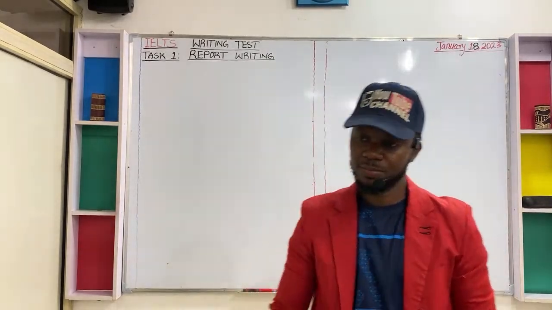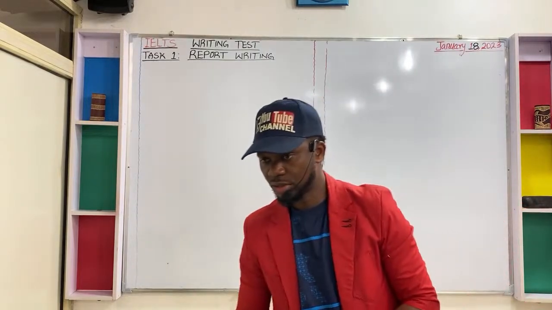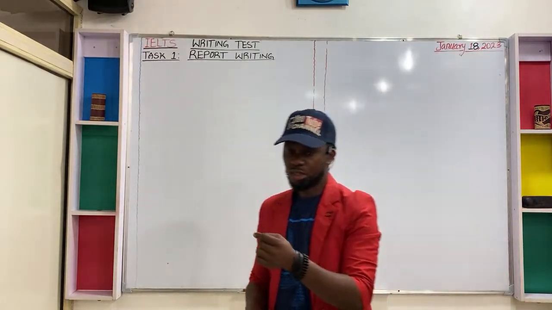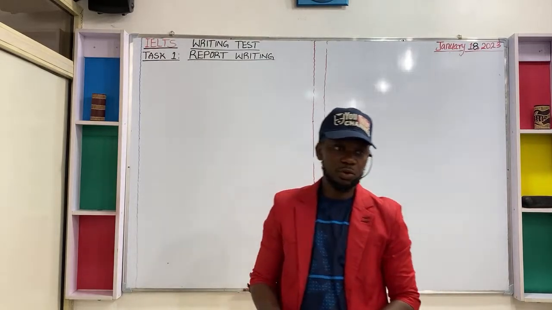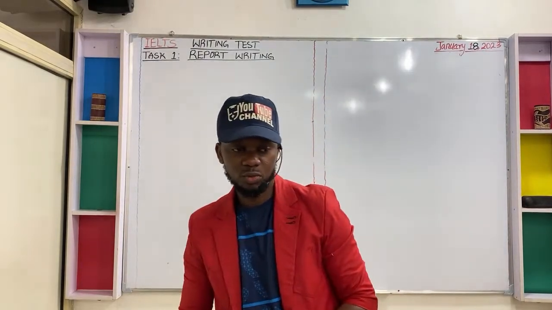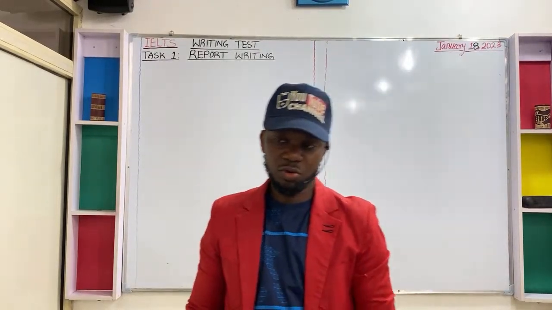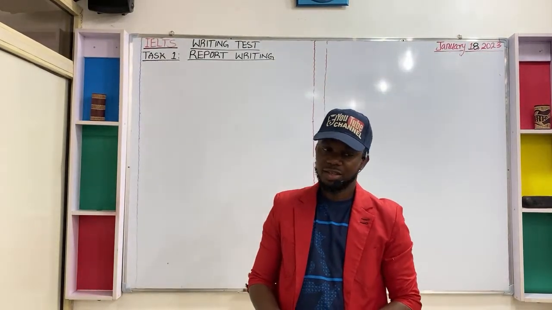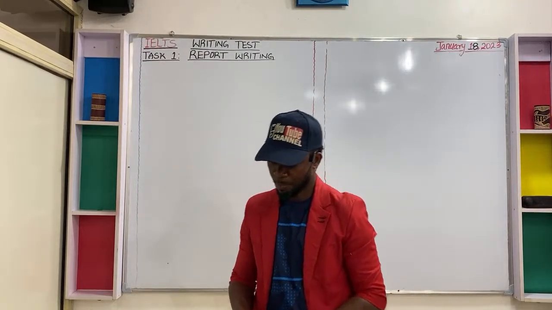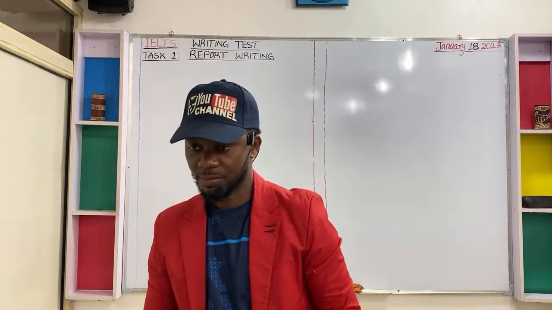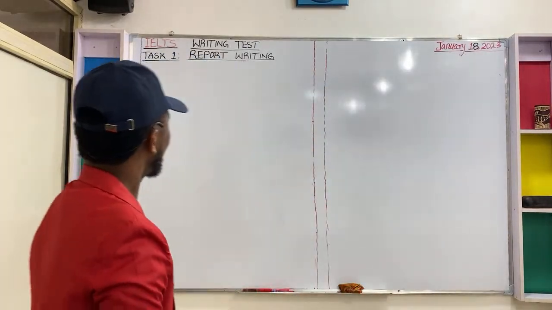Just 20 minutes. And within these 20 minutes, you are expected to write a minimum of 150 words. Minimum. You can, of course, write more than 150, but do not write less than 150. Writing less than 150, you'll be losing marks. Do we understand? Yes.